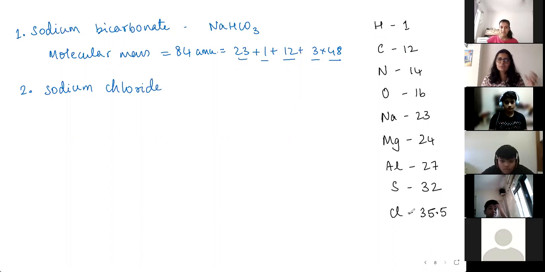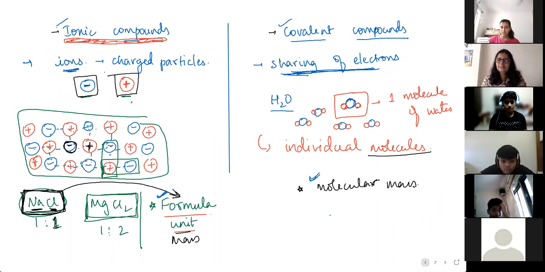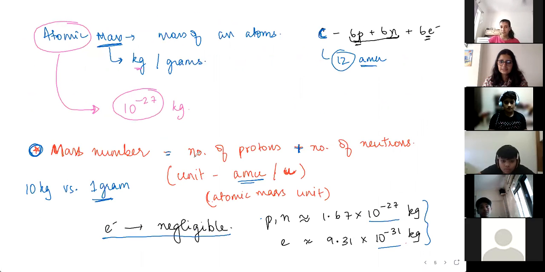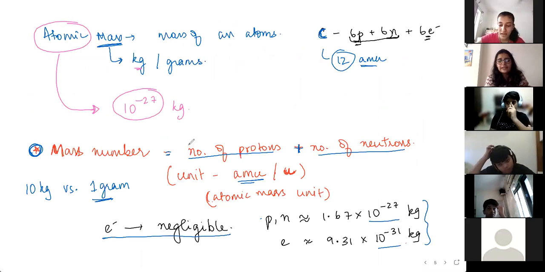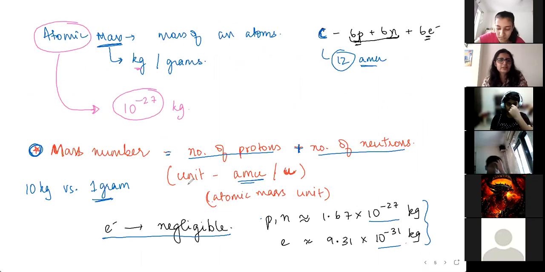So the masses of atoms or molecules, you don't get by putting them on the weighing scale. You get them by checking how many protons and how many neutrons they have. And because the way you're measuring the mass is different, their units are also different.